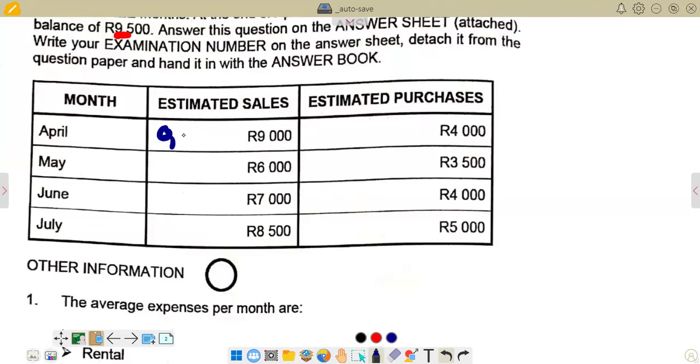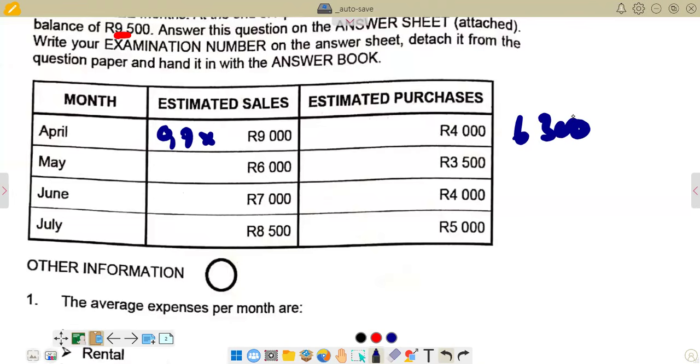So we are saying 0.7 times 9,000, and we see what we get for April. If you say 0.7, we multiply by your 9,000, and you are going to get your 6,300. So cash sales for April, we have got 6,300.